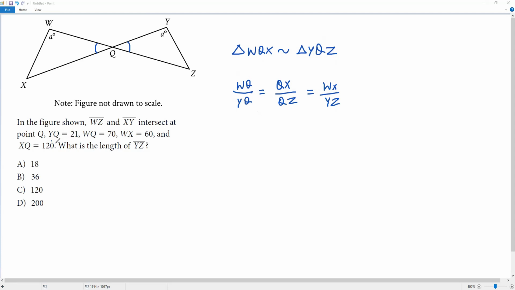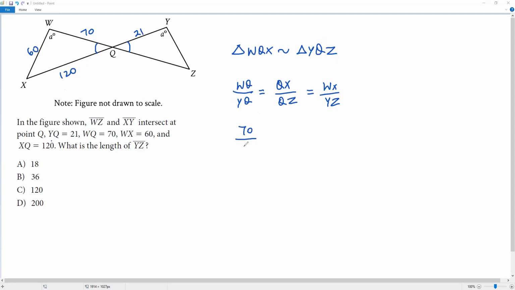Okay, now let's consider the given lengths. Here, YQ equals 21. Length of WQ is 70. The length of XQ is 120. And also we have the length of WX, that is 60. Now let's plug in the given lengths. For WQ we have 70.